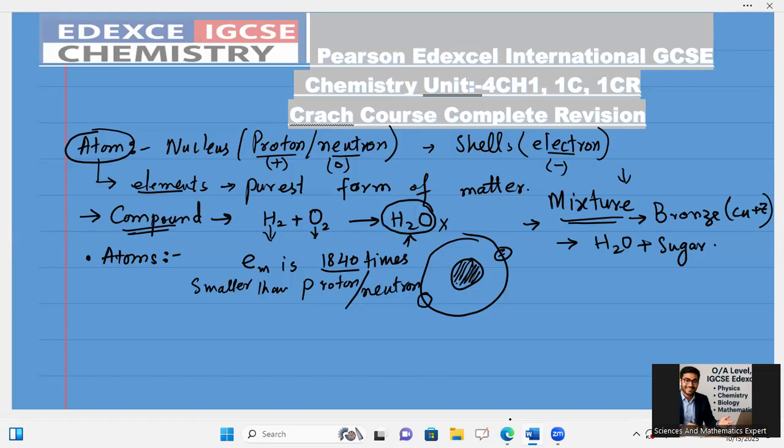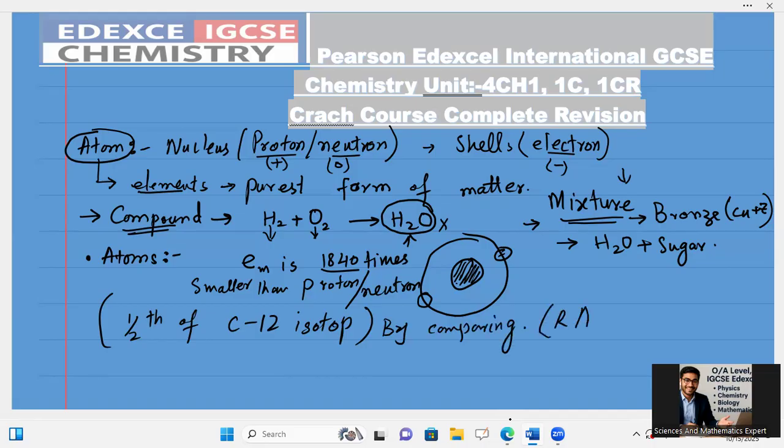After that, we will have to move towards relative atomic mass. Relative atomic mass is 1 by 12th of the carbon-12 isotope. By comparison with the carbon-12 isotope, any mass which is obtained by comparing with this is named as relative atomic mass.